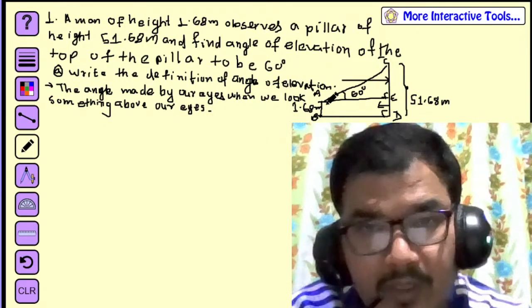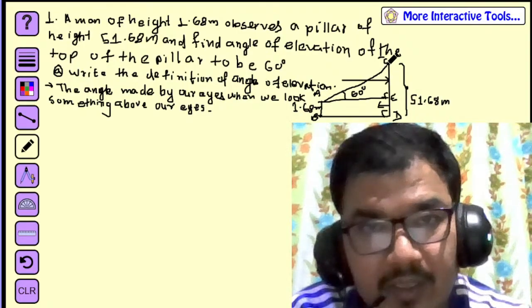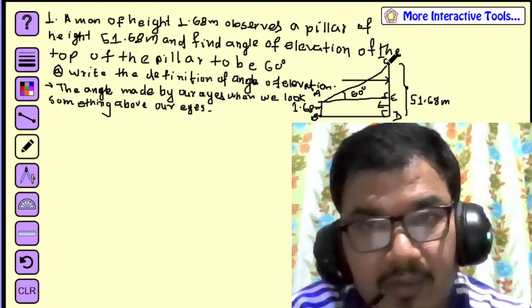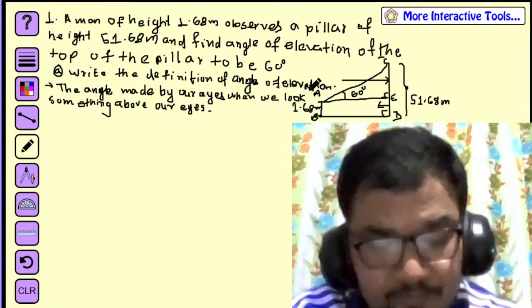Look, here the observer's eye is here, and the top of the tower is here. That's why it is above the eye level. That's why this angle of 60 degrees is the angle of elevation here.